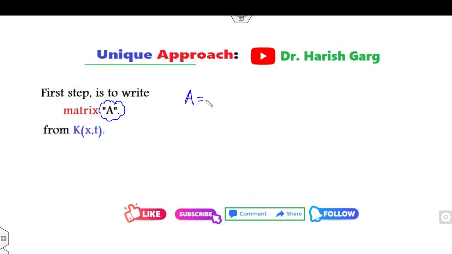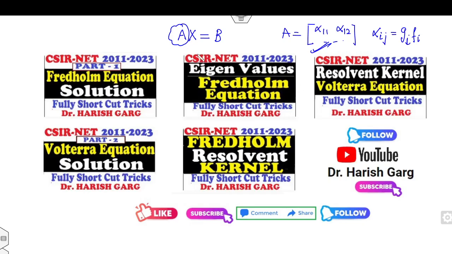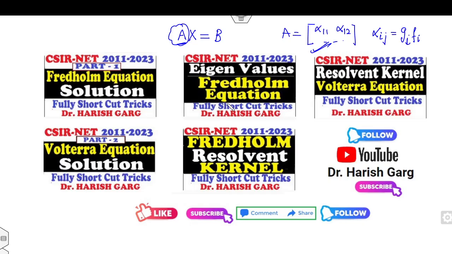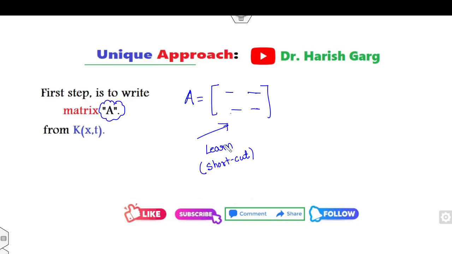Fine, तो आप क्या करना, इस वीडियो से जो अभी आप देख रहे हो, इस वीडियो से matrix A को learn करिए कैसे लिखना है, again with the help of the shortcut tricks. I will tell you the shortcut tricks how you can write the matrix A, और उसके बाद आप इन वीडियोस में जैसे matrix A लिख लिया, matrix A को आज की वीडियो के हिसाब से लिखिए, और बाकी तो आपके पास इन 5 वीडियोस में already दिया हुआ है। Fine, मैं फिर कह रहा हूं, how you can write the matrix A with the help of the shortcut tricks you can watch in this lecture as well.